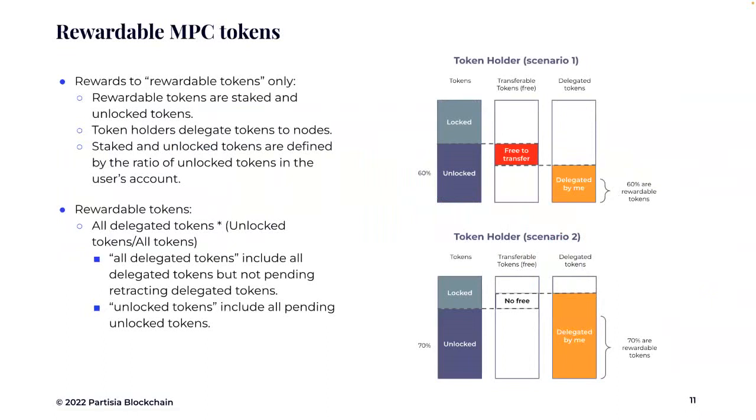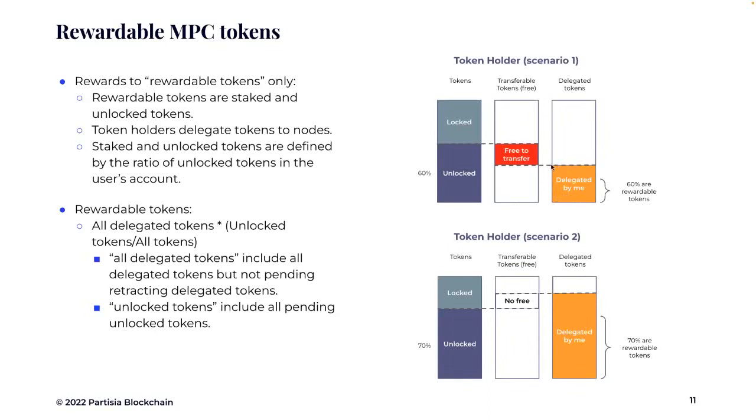So we are talking about rewardable MPC tokens. It's actually easier to see if you just look at these two examples here, two different scenarios. In this case, we have a token holder which has 60% unlocked tokens, and I don't know how many tokens they have delegated, but the rewardable token is exactly 60% of whatever this person has delegated to his node.